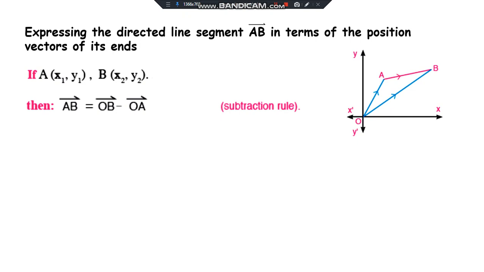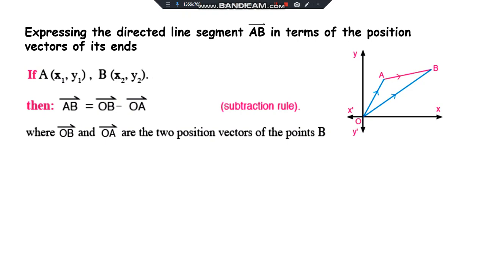From the subtraction rule, AB equals OB minus OA, where OB and OA are the two position vectors of the points B and A respectively.